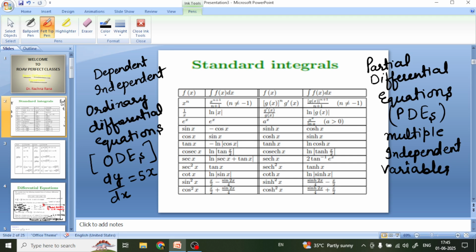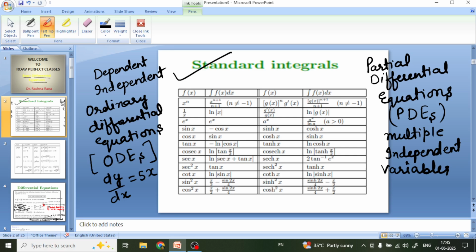Now I am going to discuss some standard integrals. You should keep in mind how to get derivatives of any equation.